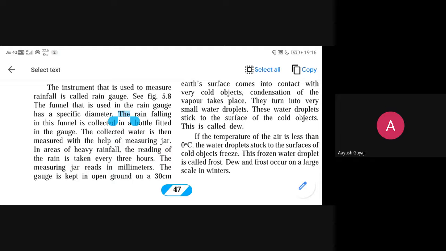Okay, so that's why we do not measure it on a daily basis. But in the region, the area where there is very heavy rainfall, the rainfall is measured every 3 hours. The reading of the rain is taken every 3 hours. The measuring jar reads in millimeter.